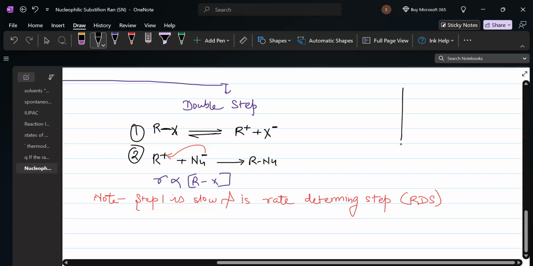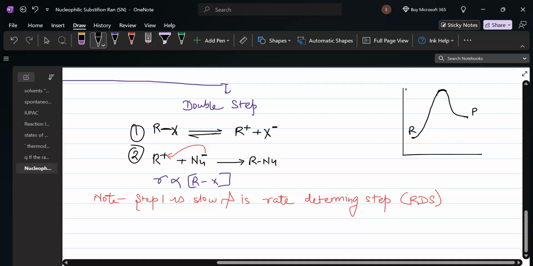So you may remember that rate of reaction you can see like this. This is the reactant and this is the product forming.